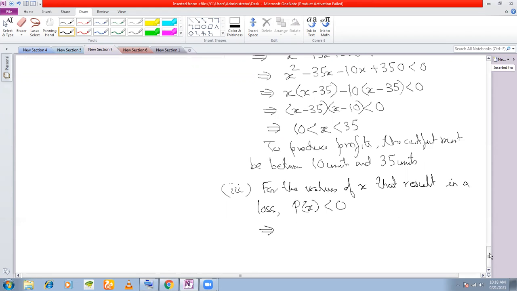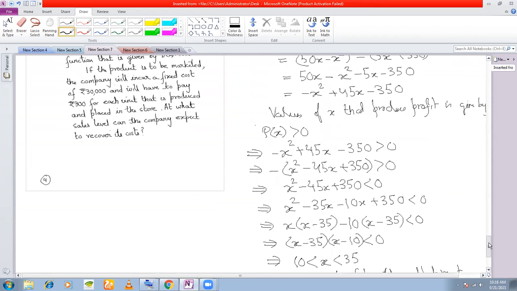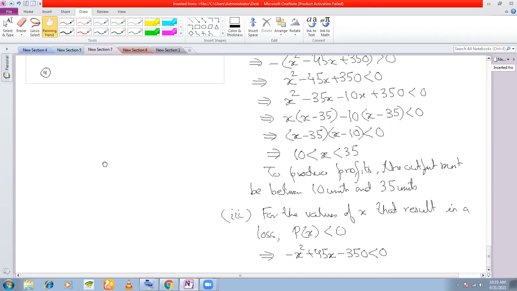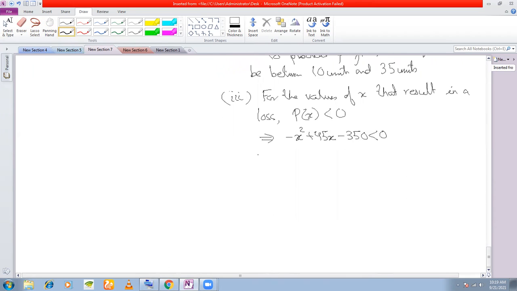That means now, what is the profit function we have found above? Minus x square plus 45x minus 350 is less than 0. That means minus x square plus 45x minus 350 is less than 0.